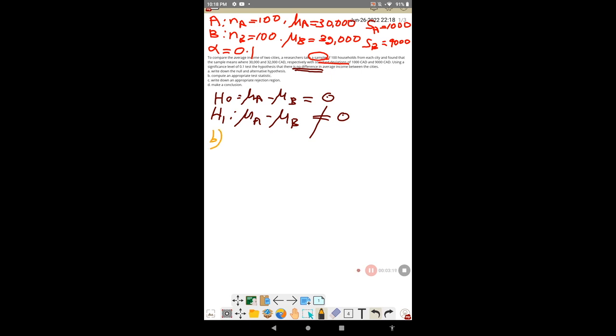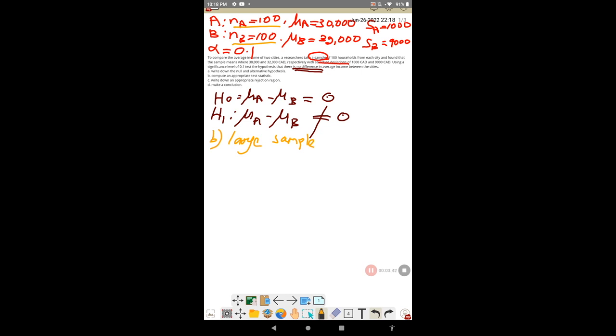It asks to compute an appropriate test statistic. How do we identify the test statistic? See, this question has large samples. And do you know the population variance?